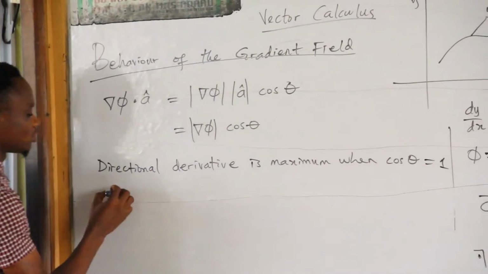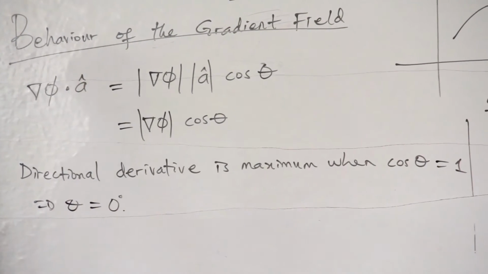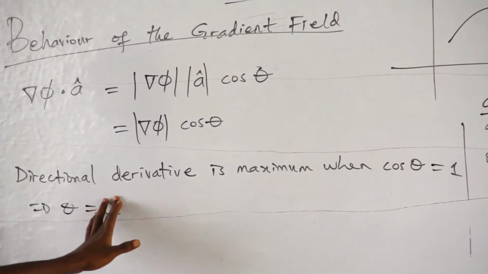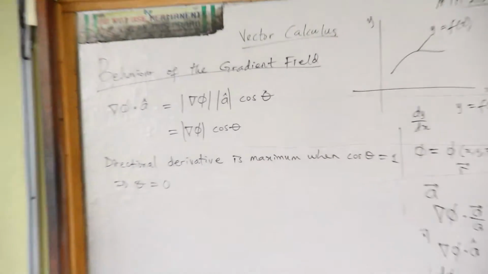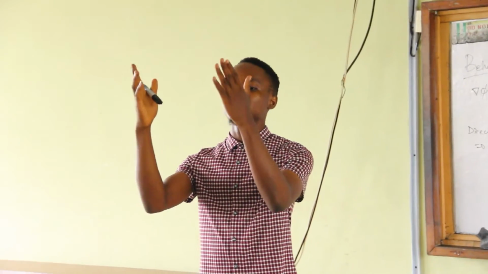That's when theta is equal to 0. Theta being 0, whether degree or radian, means the direction is along nabla phi. So the directional derivative will be maximum along nabla phi.